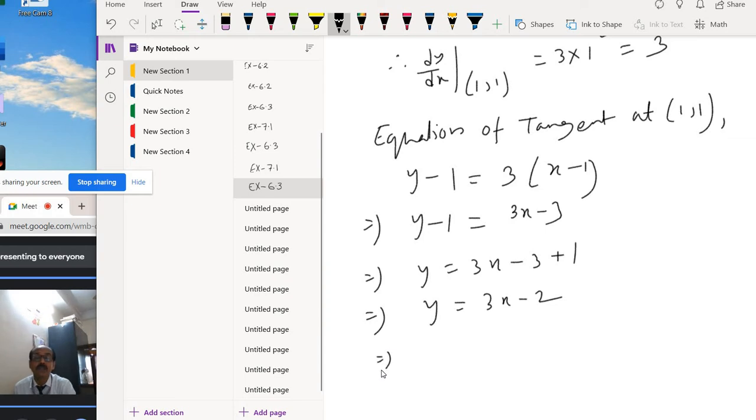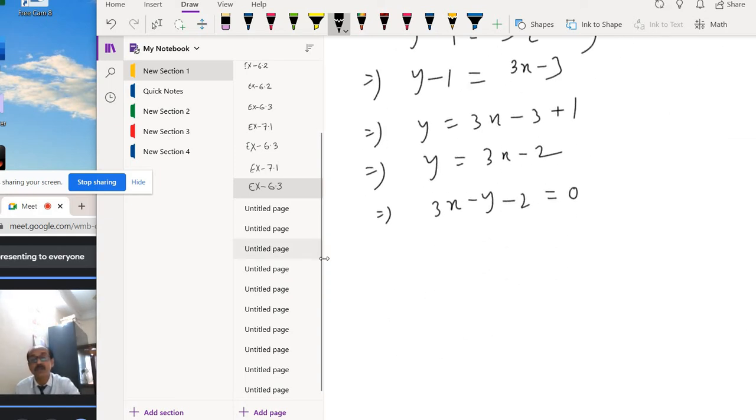So we can write 3x minus y minus 2 equal to 0. This is the equation of tangent. Now the equation of normal.